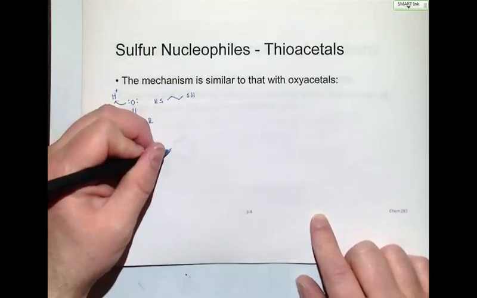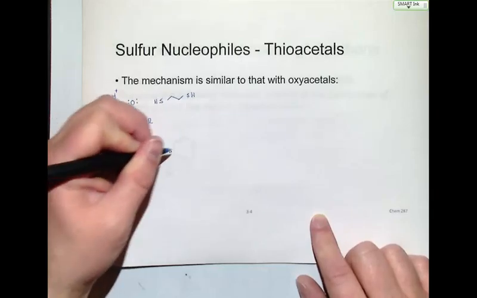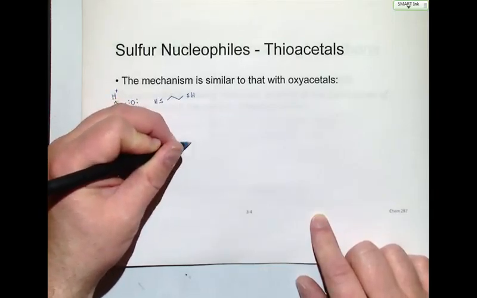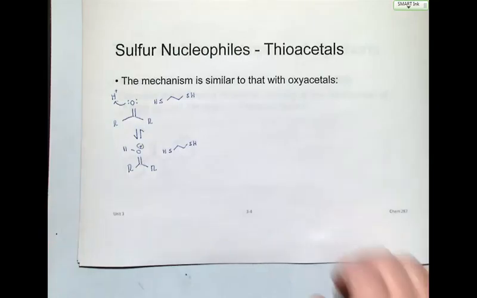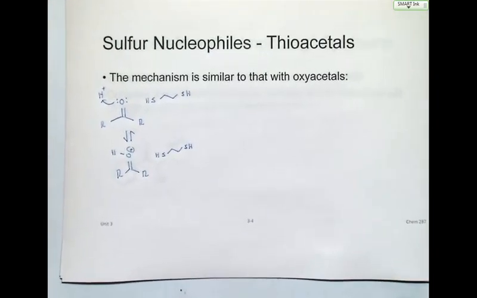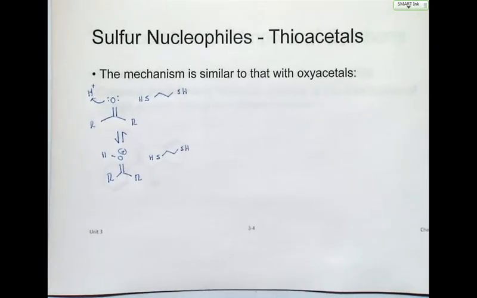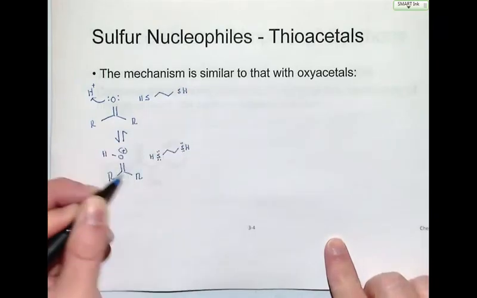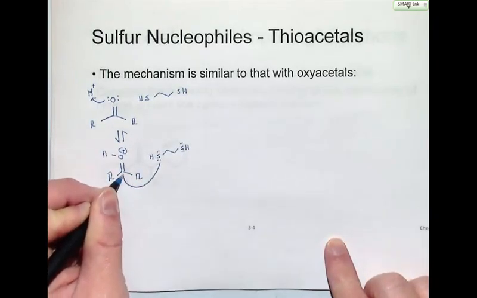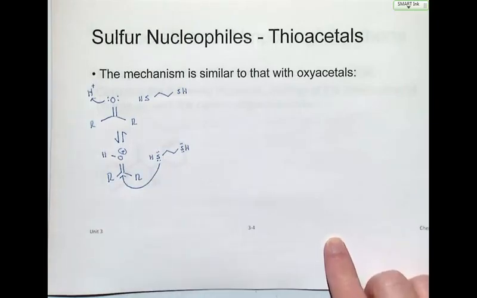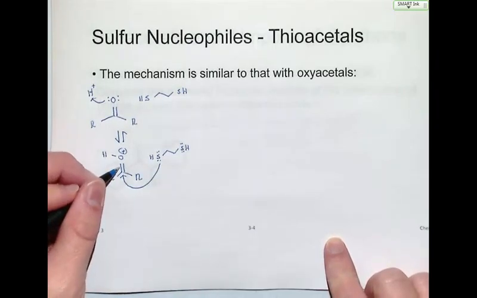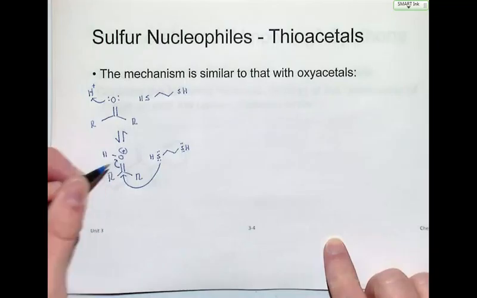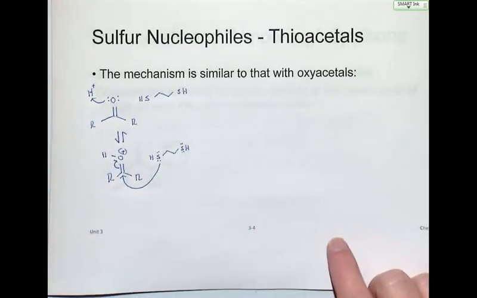And what do you think the next step is going to be? Yeah. We'll get a nucleophilic attack by the thiol at the carbonyl carbon, and then the pi bond will break, electrons going to the oxonium.